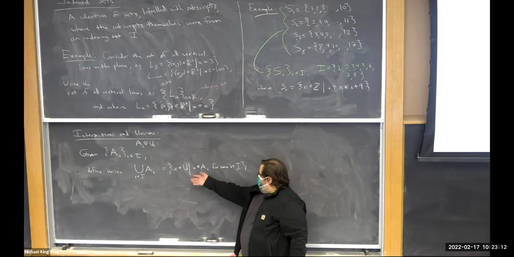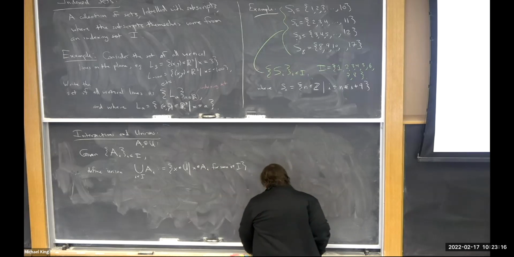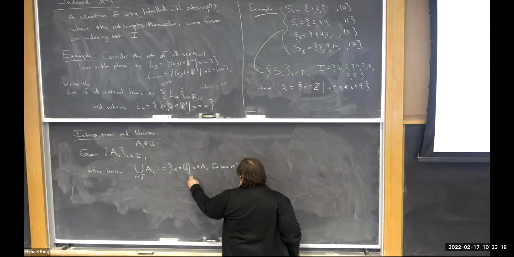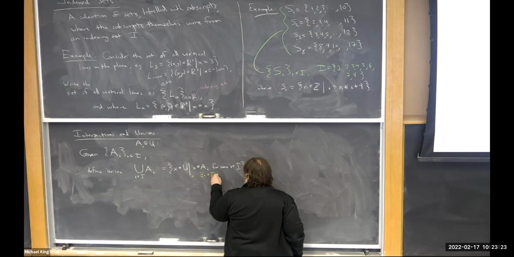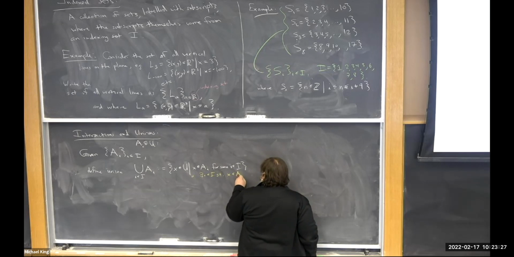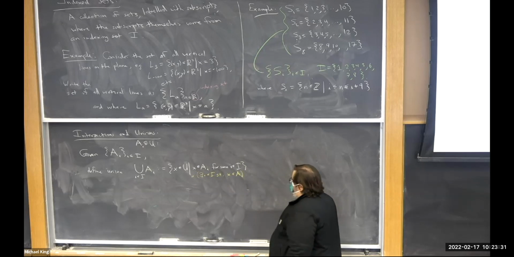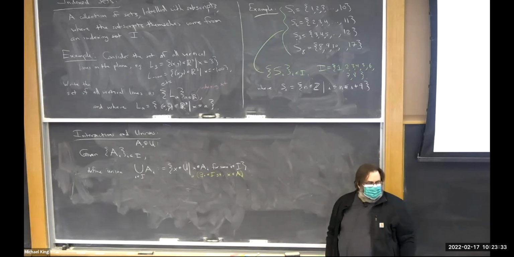Because it's an or, right? As long as it's in one of them, we want it to be in the union. So or we could say there exists an i in I such that x is in A sub i. That's equivalent, right?